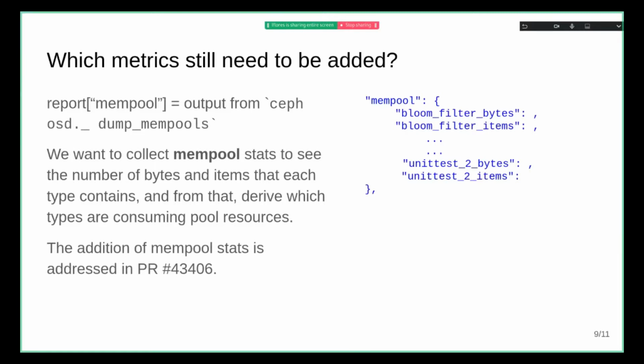And if this data is actually useful, because if we have everything aggregated and we cannot derive real problems that we see in the cluster, then it might be useless.